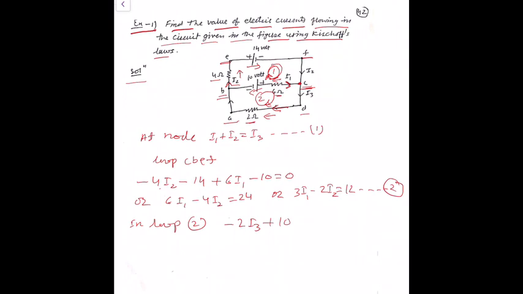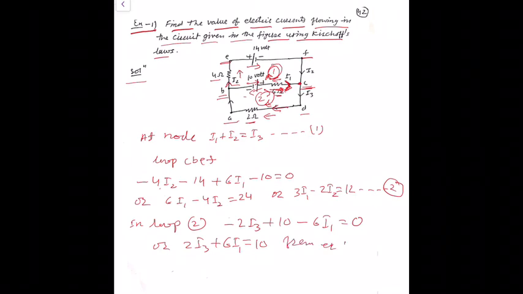In this 10 volt cell, the direction of traversal is from negative to positive, so plus 10 minus 6 I1. For the 6 ohm resistor, the traversal direction and the current are in the same direction, so minus 6 I1 is equal to 0, or we can write 2 I3 plus 6 I1 is equal to 10.